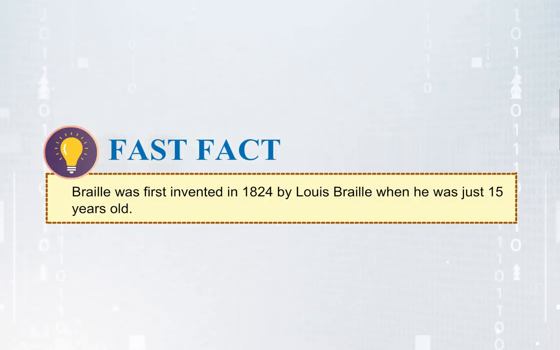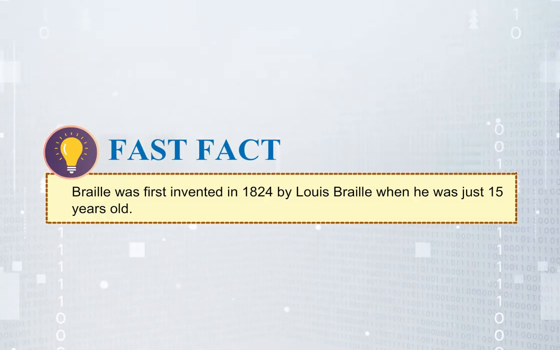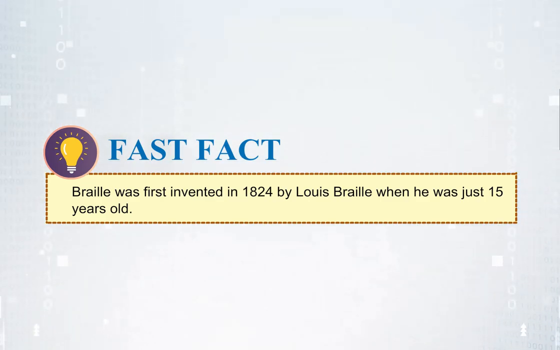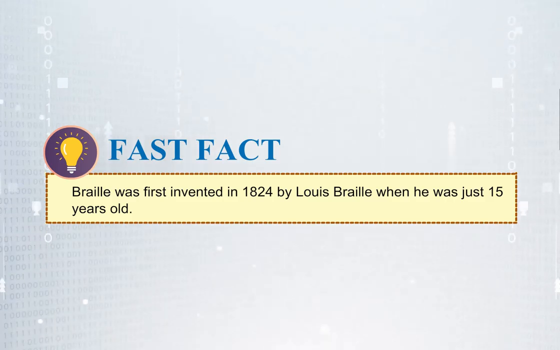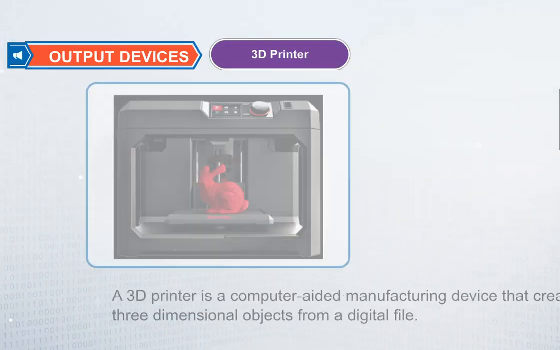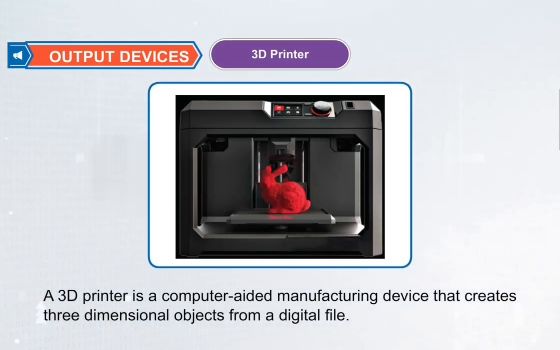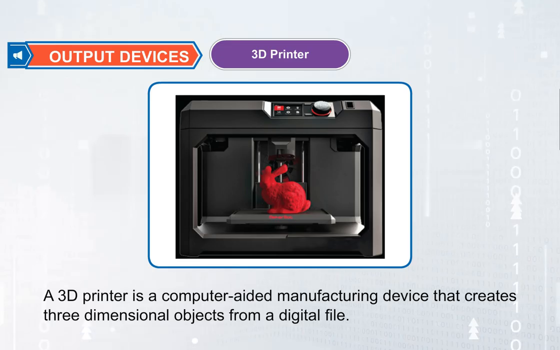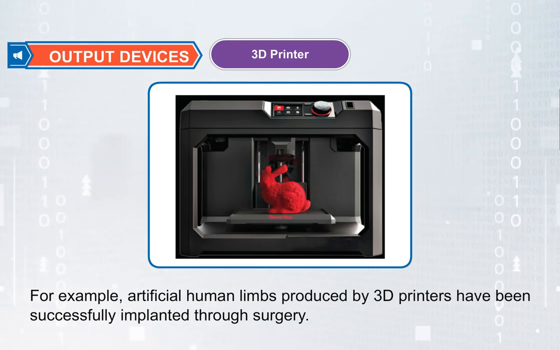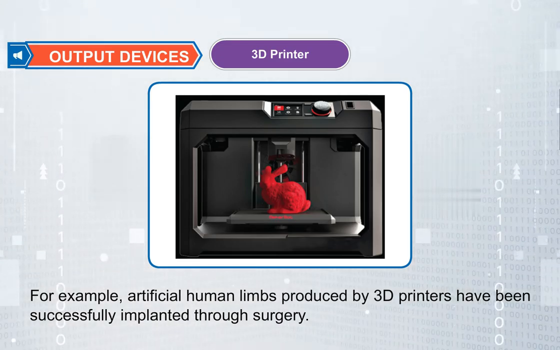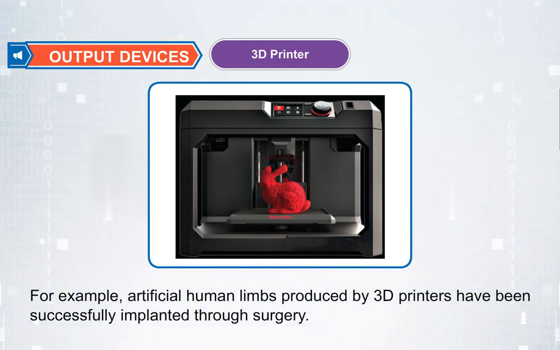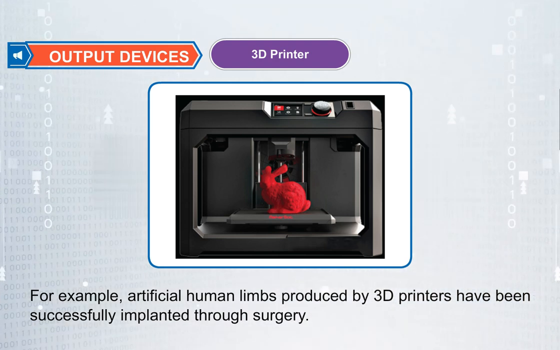Fast fact: Braille was first invented in 1824 by Louis Braille when he was just 15 years old. 3D printer. A 3D printer is a computer-aided manufacturing device that creates three-dimensional objects from a digital file. For example, artificial human limbs produced by 3D printers have been successfully implanted through surgery.